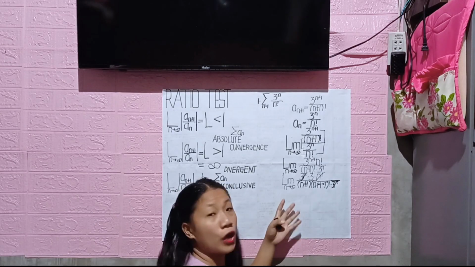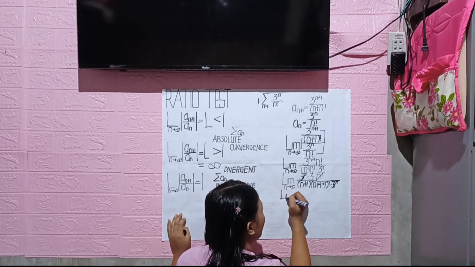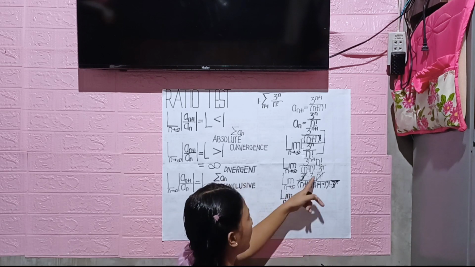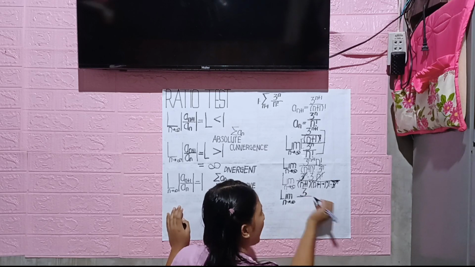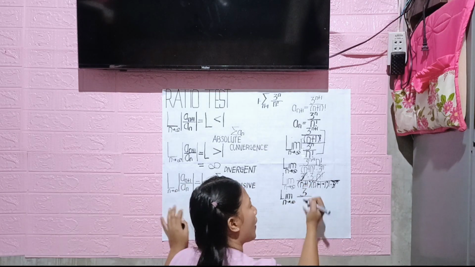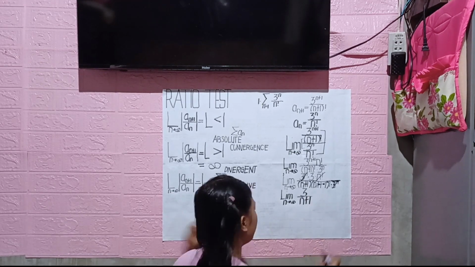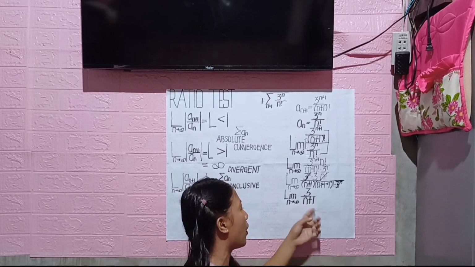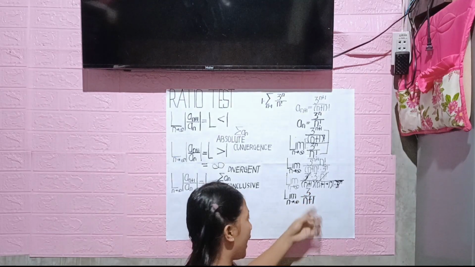So now we are going to find its limit. The limit as n goes to infinity of 3 divided by n plus 1. We know that n has the biggest exponent, so we are going to divide by n.